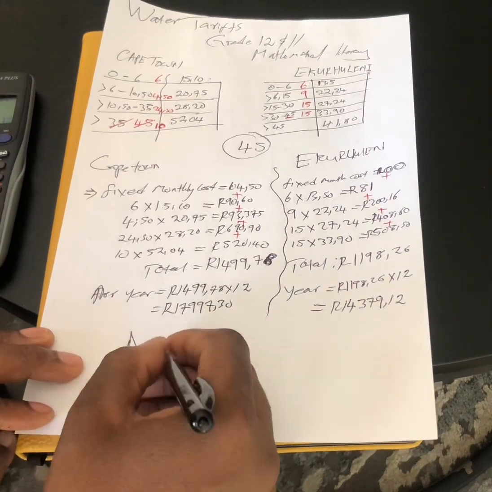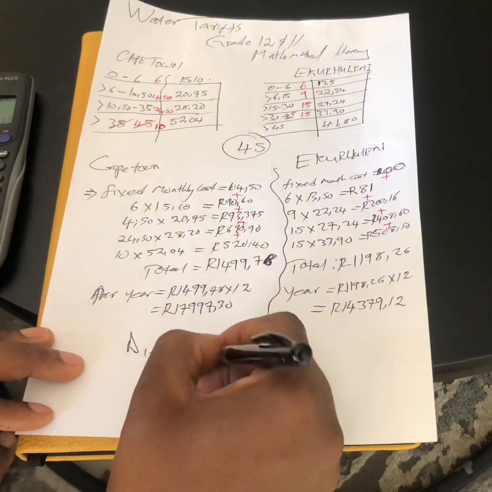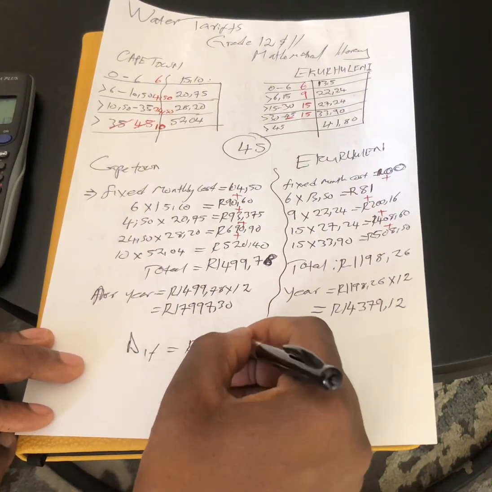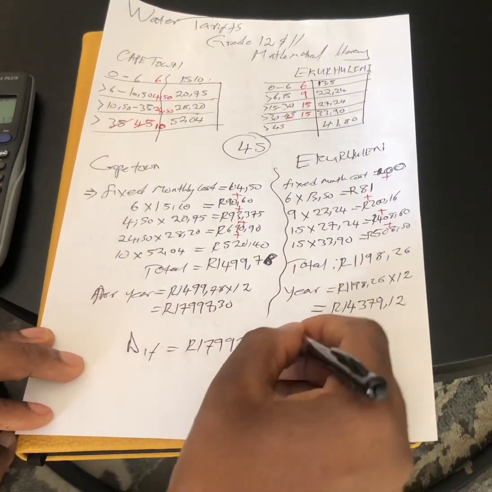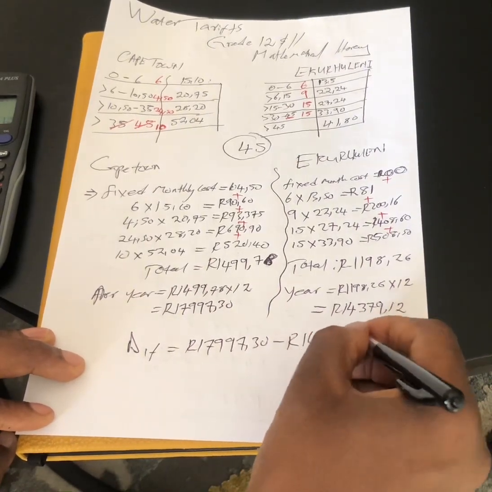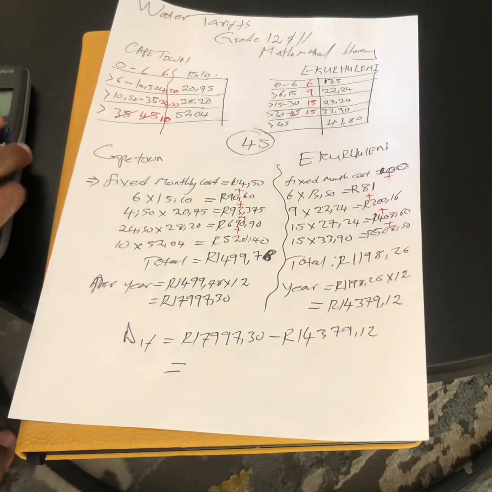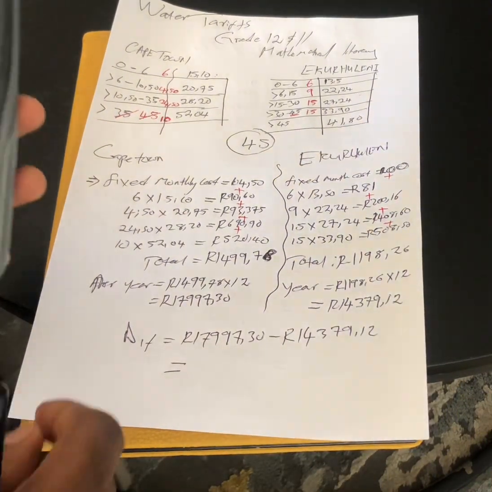Difference is equal to 17,997 and 30 cents minus 14,379 and 12 cents.